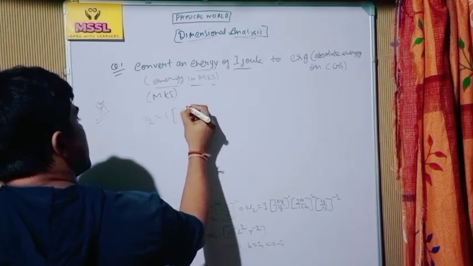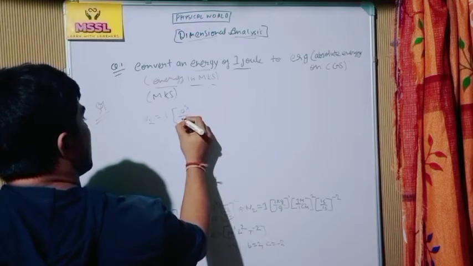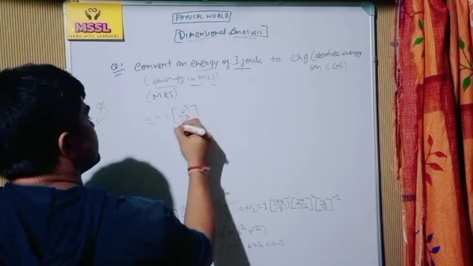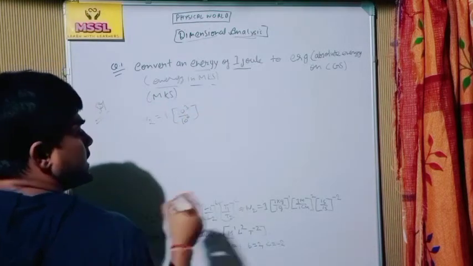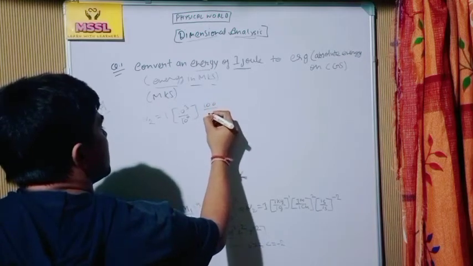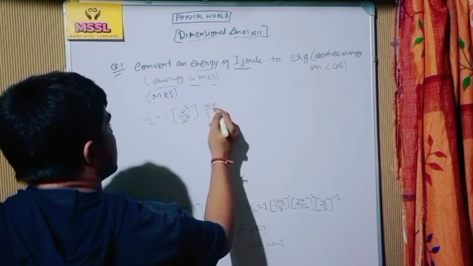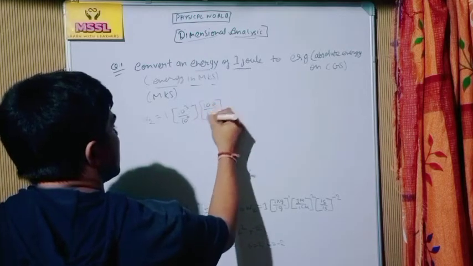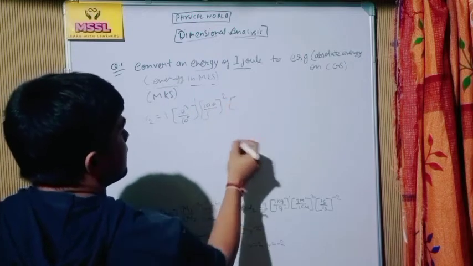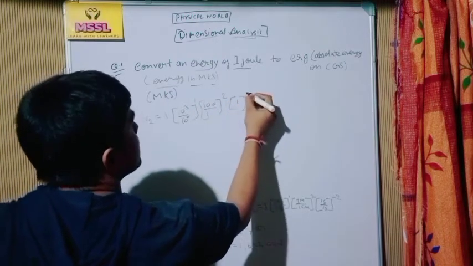So it is 10 to the power 3, and this is 1, you can say 10 to the power 0, gram. Similarly, 1 meter is 100 centimeter, and 1 sec is 1 only, with minus 2.